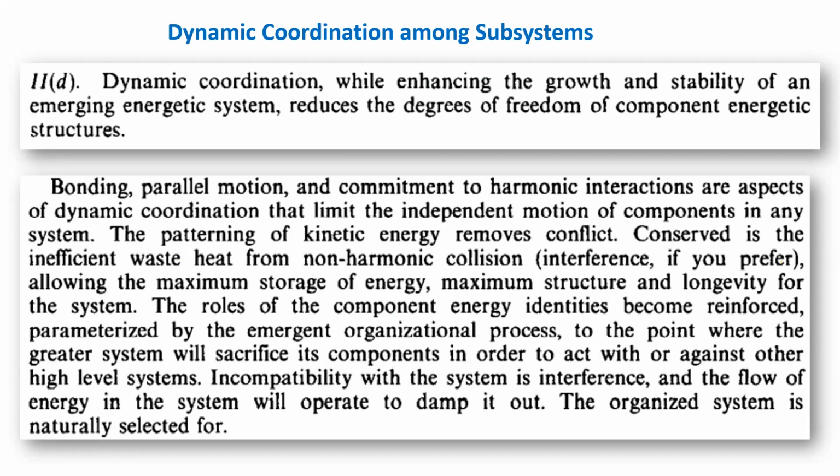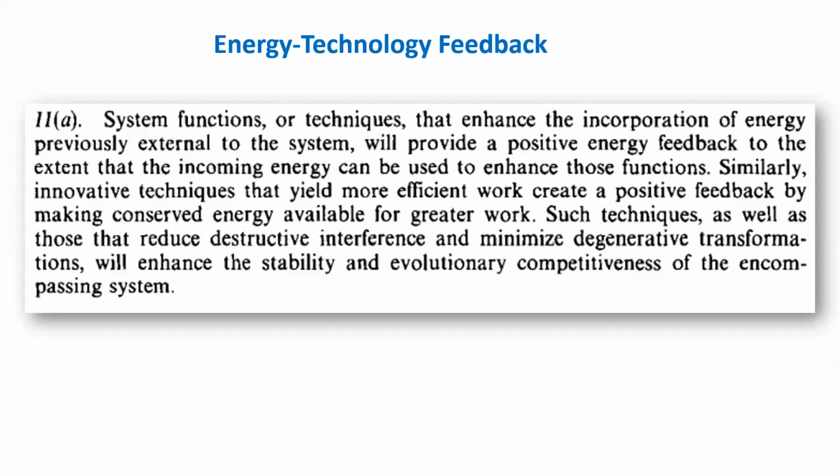If you coordinate all of those cars and have them run along roads so they don't bump into anything, they can go a lot faster. You can have a lot more momentum moving on the highway. So you can actually stuff energy into the system using dynamic coordination. And of course, that's how we got to be the organisms that we are.